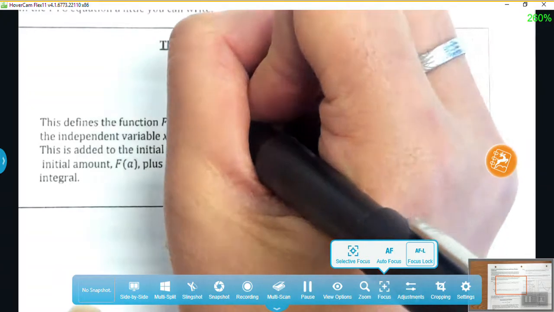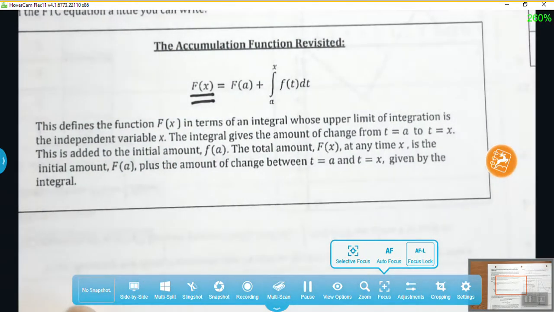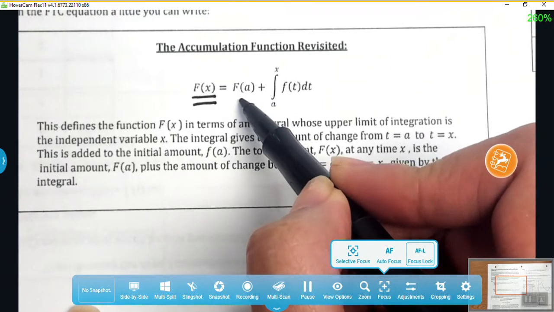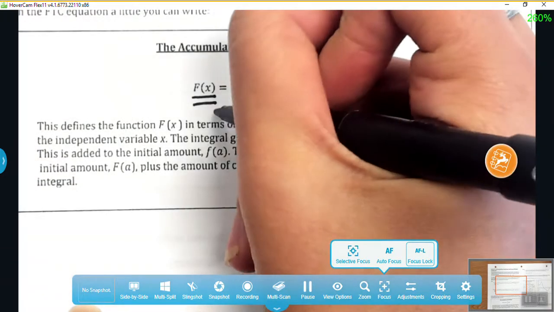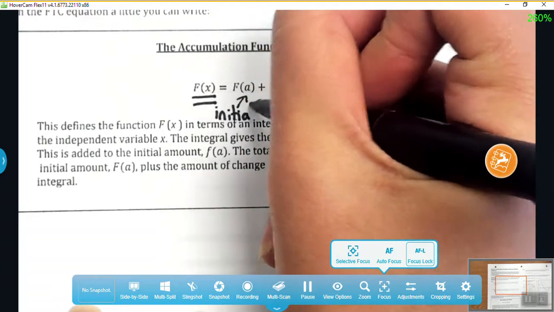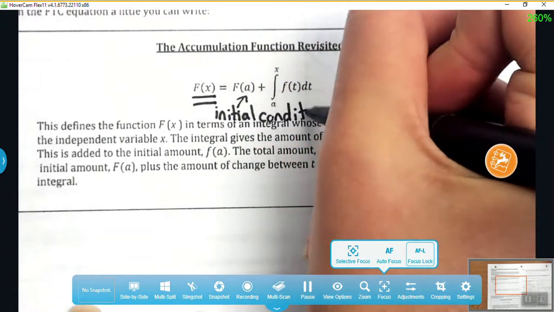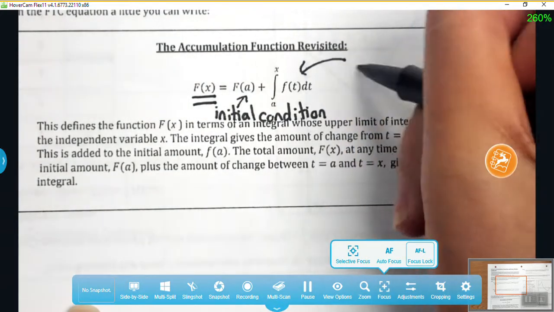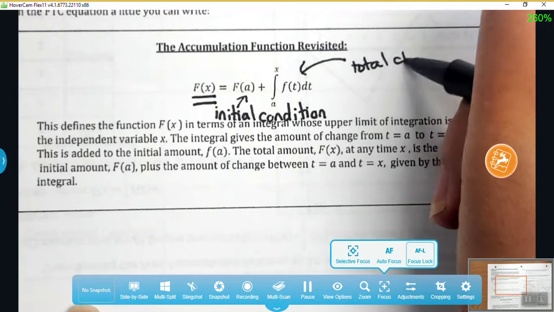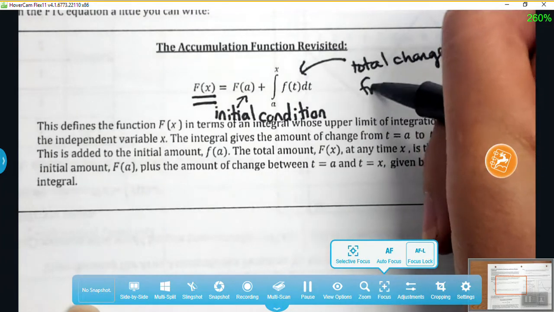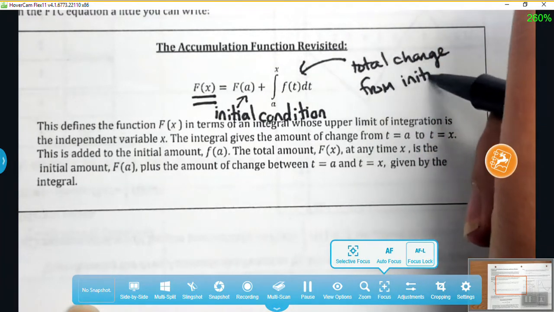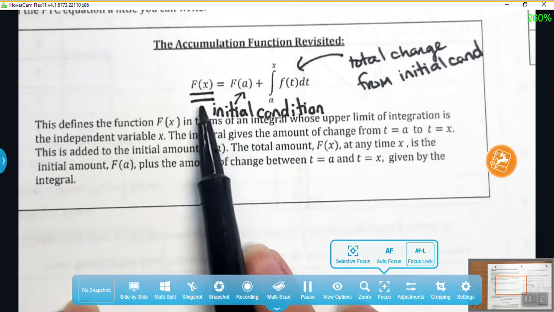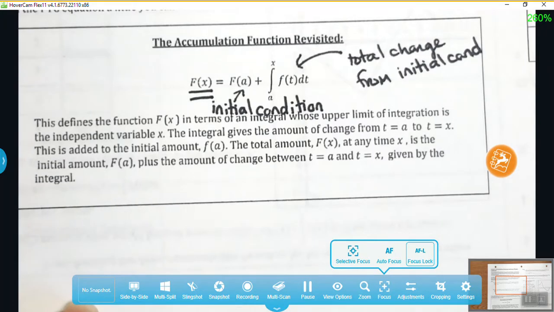You take the location you have, which is basically your initial condition, what they give you to start with, and then you add your total change from your initial condition. That will tell you where you end up. Got it?